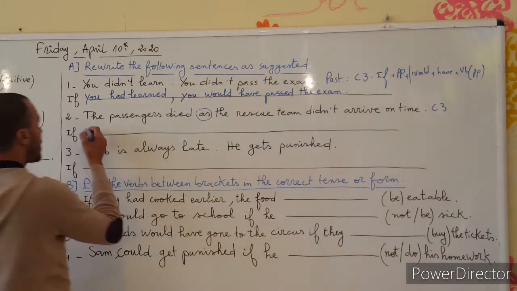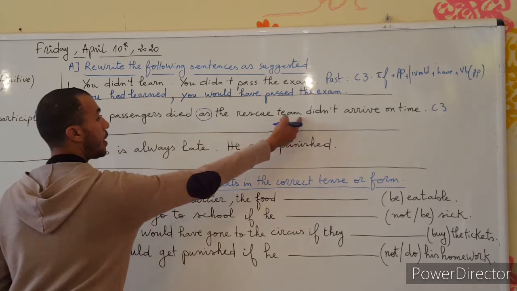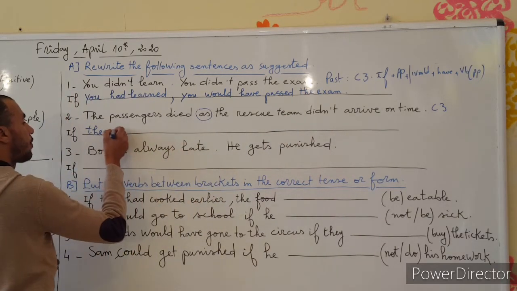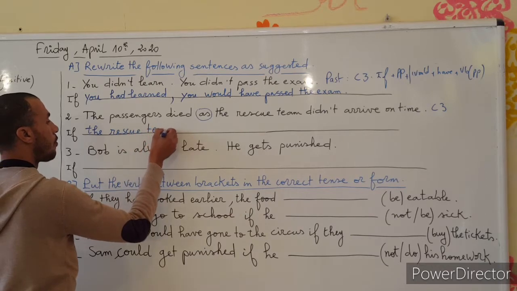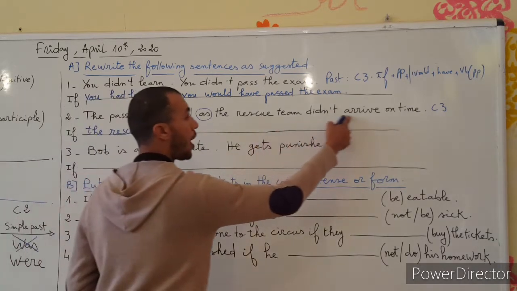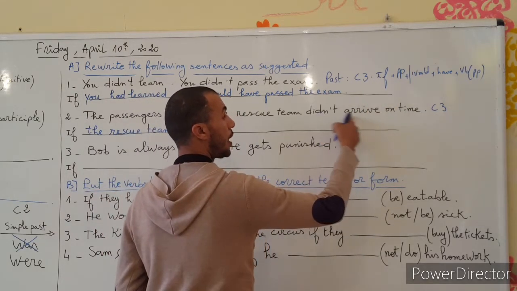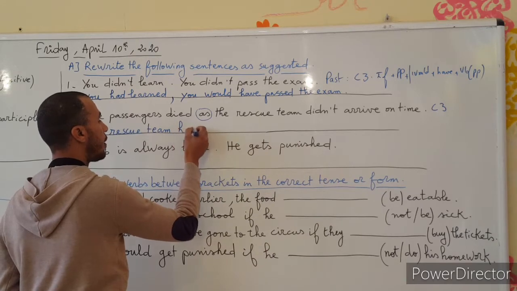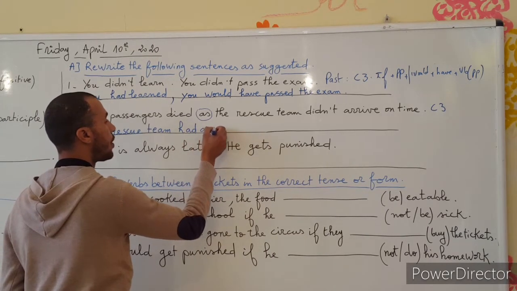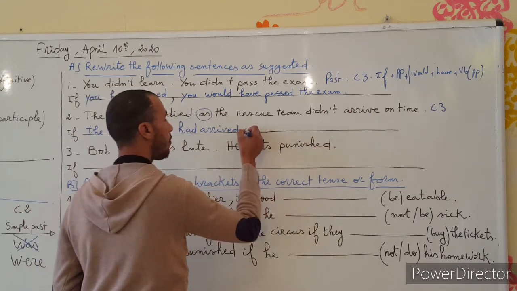So if the rescue team, the subject that we have here, the verb here, didn't arrive, we write it in the past perfect. Negative, past perfect, affirmative. So, had arrived, and then we continue on time.